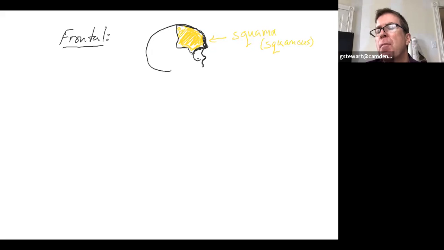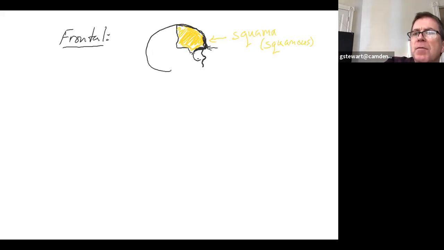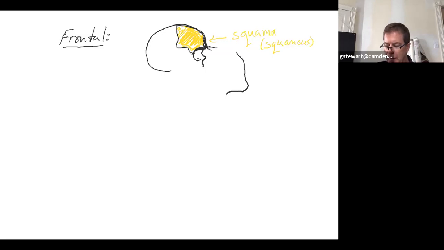Supra means above, orbital means eye socket, and margin just means this demarcation, this line that I've drawn that's created by that thickening of bone. There's also, within this margin, so I'm going to draw it a little bit larger, within that thickening of that brow, that supraorbital margin, there's also something, a foramen that's created, a foramen, which means hole.